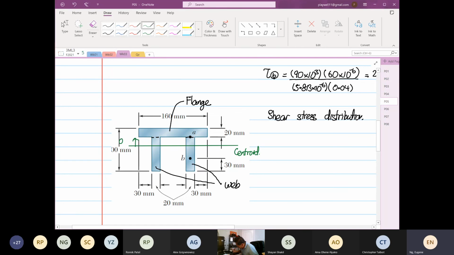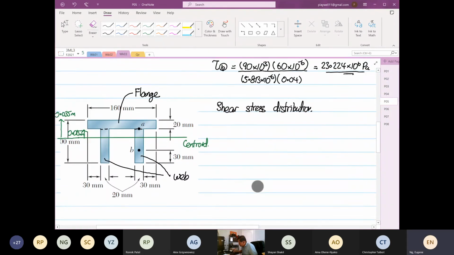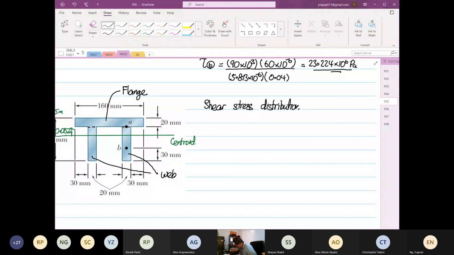We know this distance is 0.015, and we also know the distance up to the maximum is 0.035 meters. So we are going to write the shear stress distribution on the flange section. The limits are from 0.015 to y, the maximum.